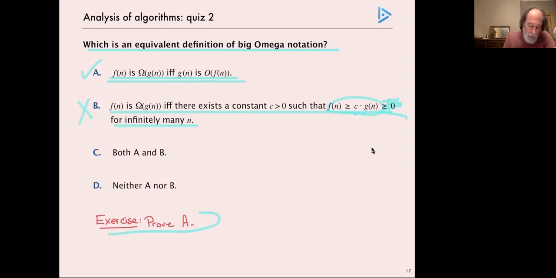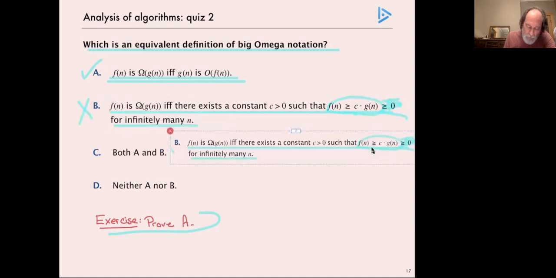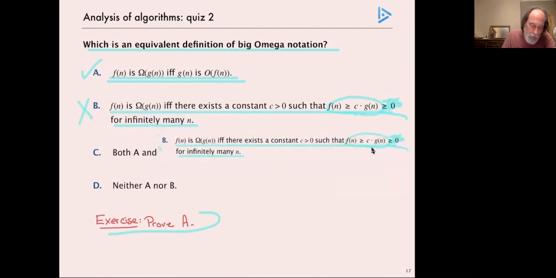All right, so a corrected version of this, let's see if I can pull this off in real time. This is true, provided I make a correction. So we'll call this B prime.